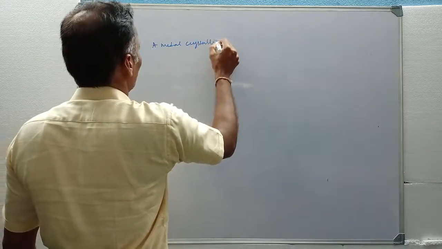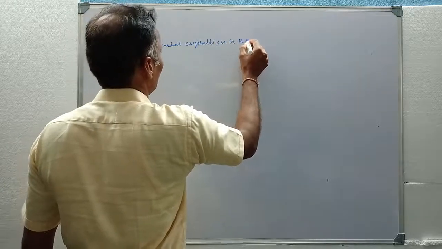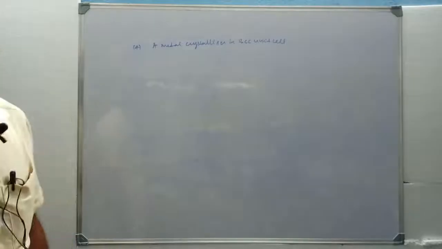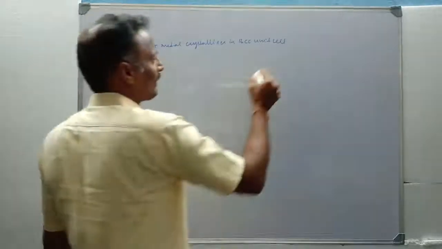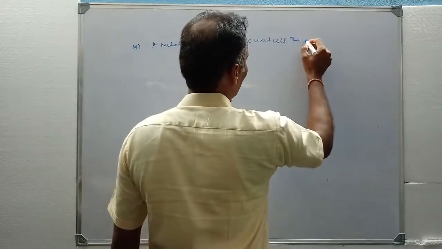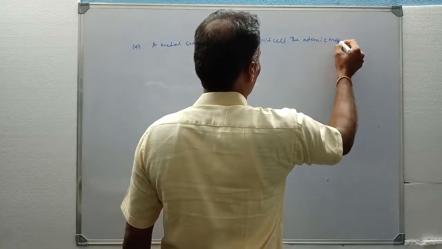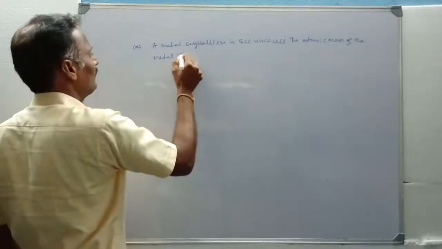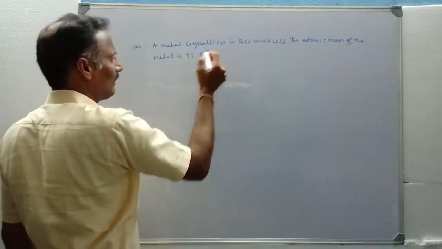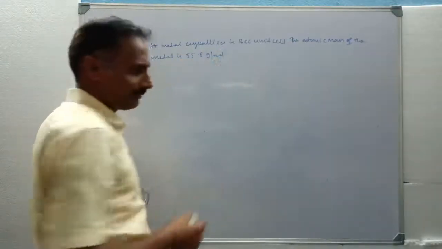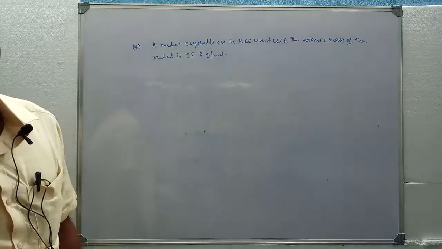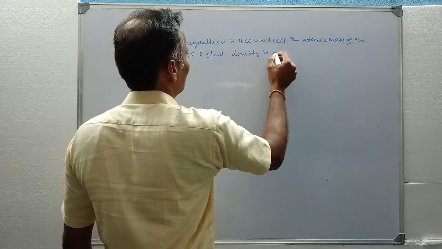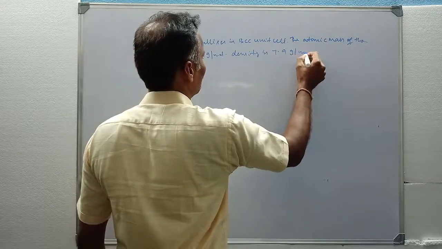The atomic mass of the metal is 55.8 gram per mole, and density is 7.9 gram per cm cube.